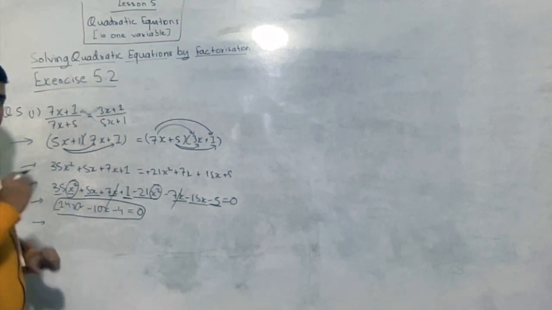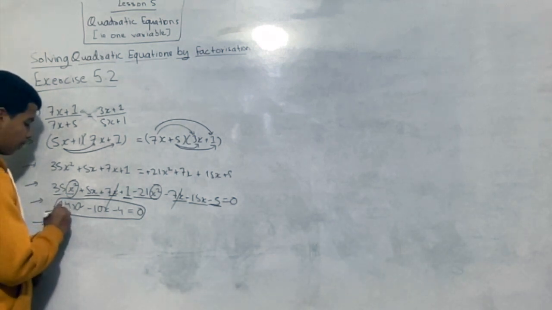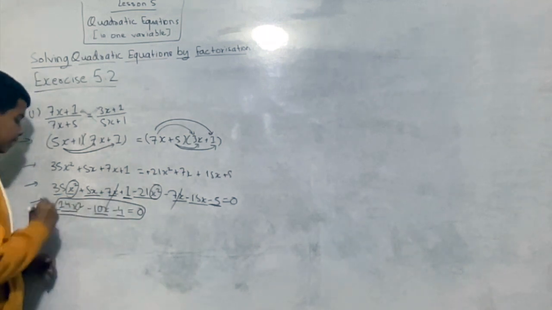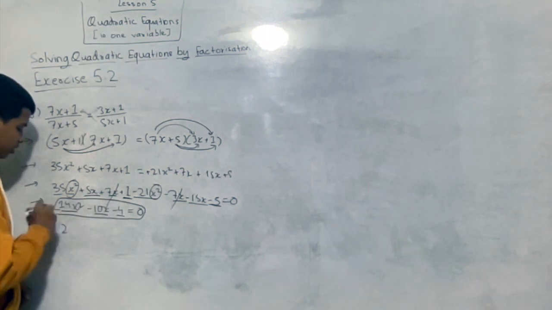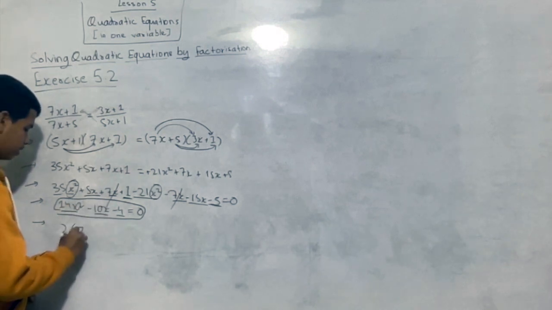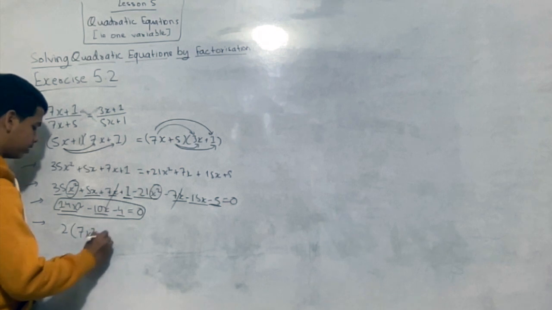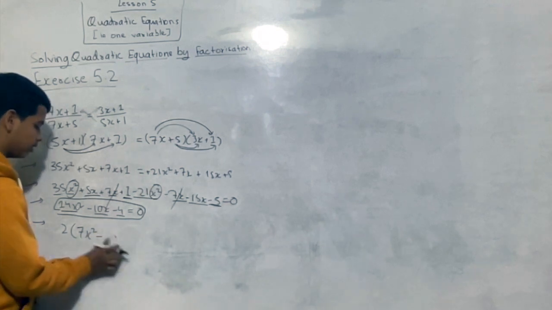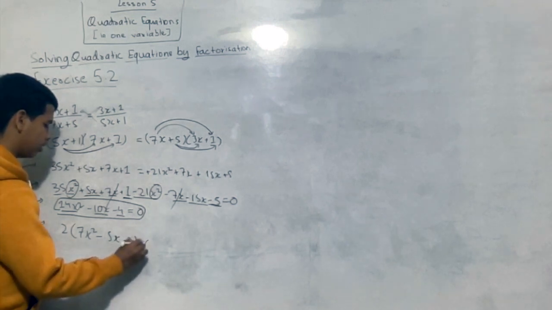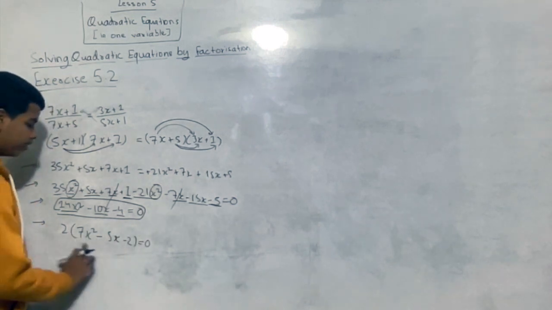That means we just simplify it. Now we can take common out of this and this. You may say what is common, but there is a common factor. Look properly. 2 is common between all these terms. So 2 times (7x square minus 5x minus 2) is equal to 0. That's it. We have made it simpler.